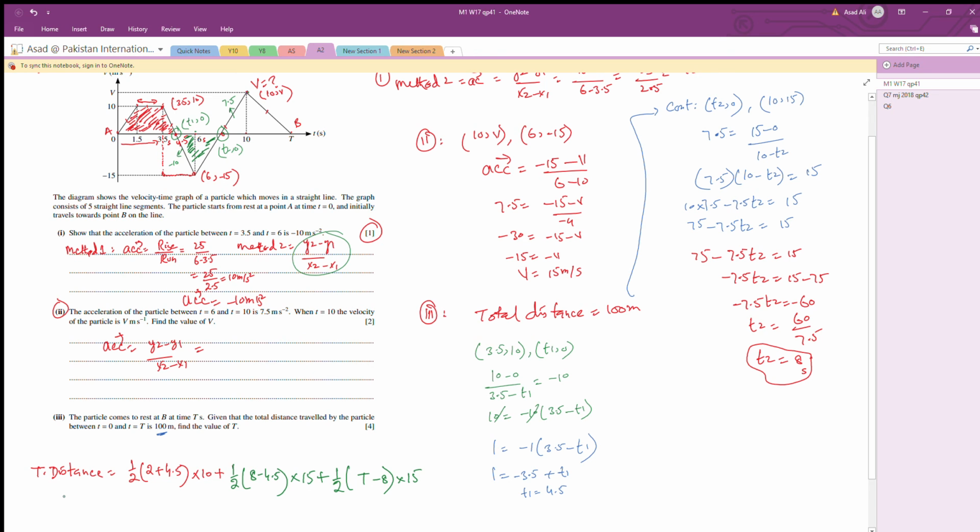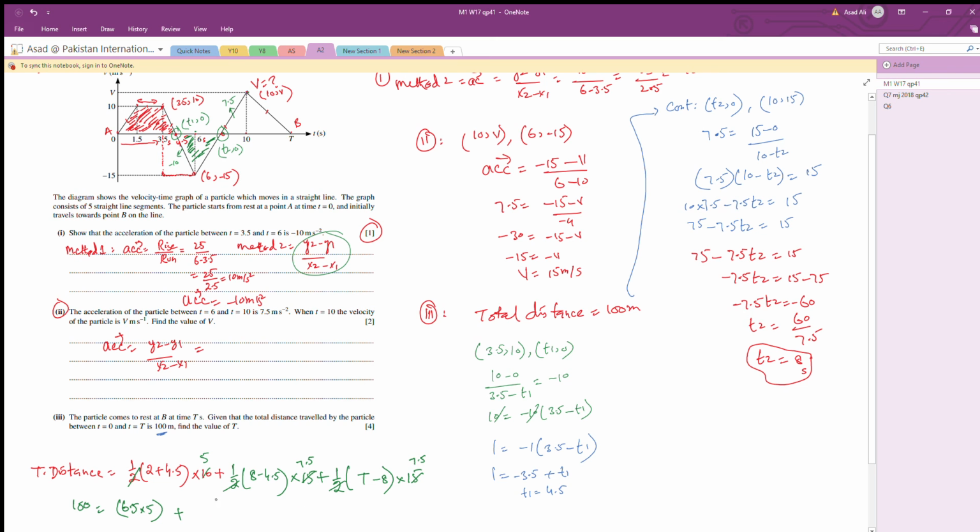So the total distance is here. We are given the total distance, which is 100 meters. Now come on, this is cancelled with that 5. So 6.5 into 5, this is the first. Then 2 into 7.5 is 15 done, and 2 into 7.5 is 15 done.